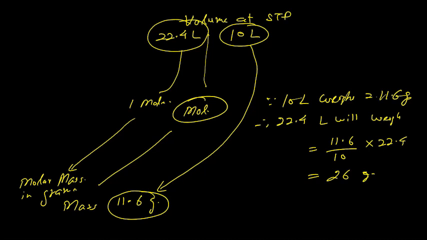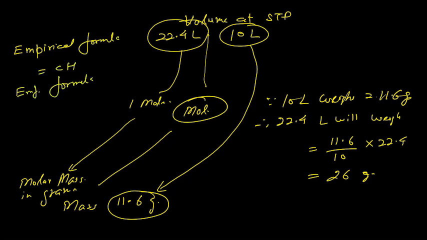So if it is 26 and empirical formula was CH and empirical formula mass was 12 plus 1, that is 13.